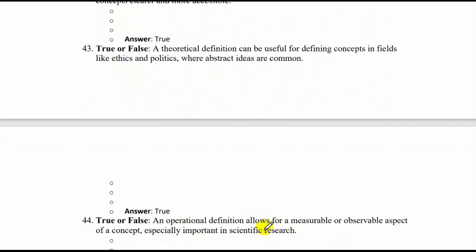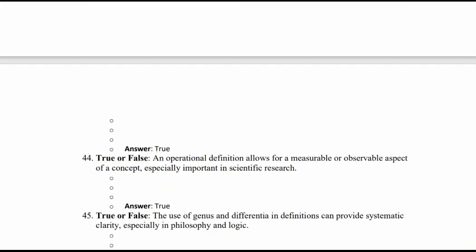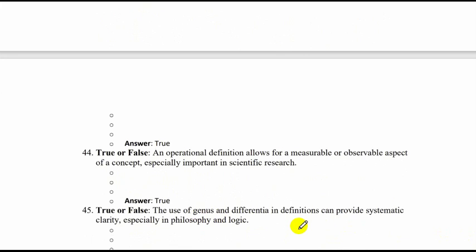An operational definition allows for a measurable or observable aspect of a concept, especially important in scientific research. True. The use of genus and differentia in definitions can provide systematic clarity, especially in philosophy and logic. I suppose it's true.